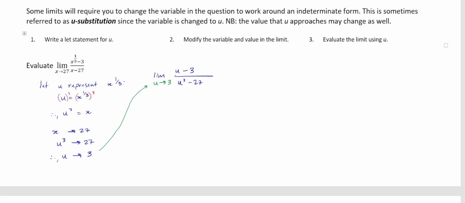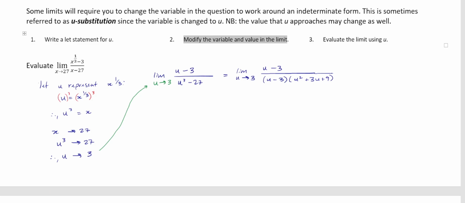Now you may say, well, that's still in indeterminate form. That's true. However, we can recall that we have a difference of cubes in the denominator, and that might allow us to factor something out. So the limit as u approaches 3 of u minus 3, and in the denominator I have u cubed minus 27. Well, that factors into u minus 3 times u squared plus 3u plus 9.